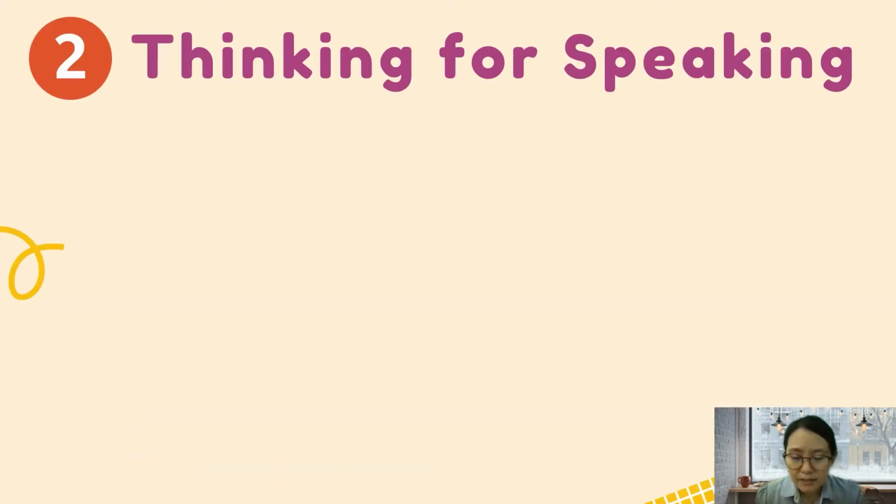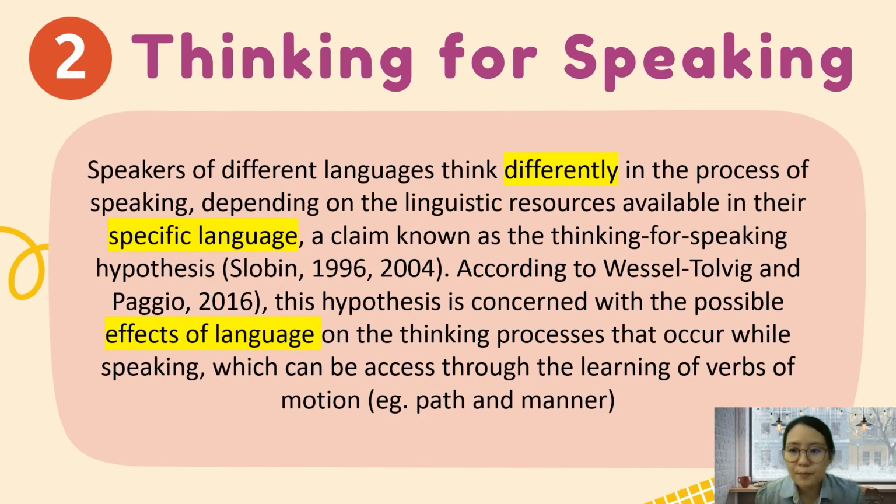Next up is the meaning-based perspective. Another domain in the meaning-based perspective is the thinking for speaking hypothesis. It claims that speakers of different languages think differently in the process of speaking, depending on the linguistic resources available in their specific language.